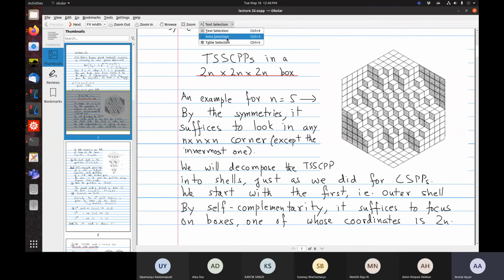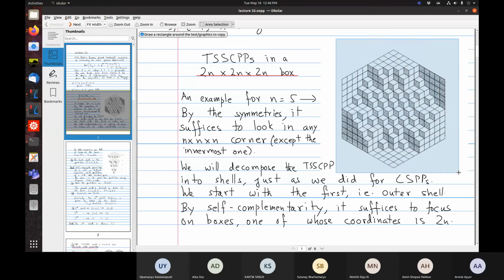Okay, so let me again copy the same figure.